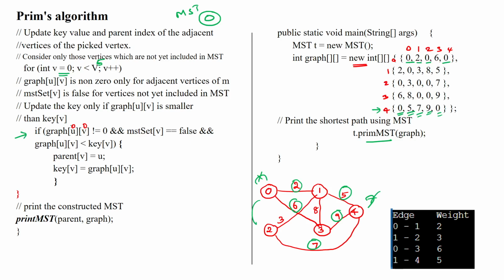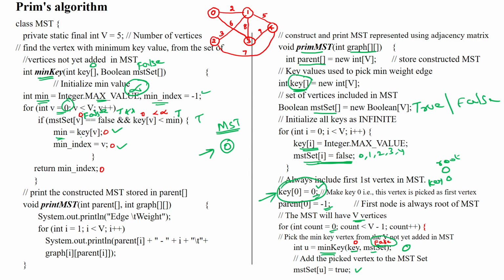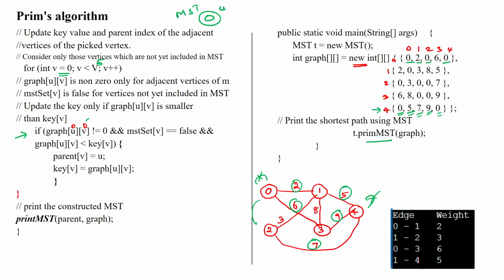Now we are passing graph of U, where U is 0 here, and V is also 0 now. Graph of U of V, 0 of 0, is 0, so the key is 0 here. If it is 0 then it is false, so the if block will not execute.